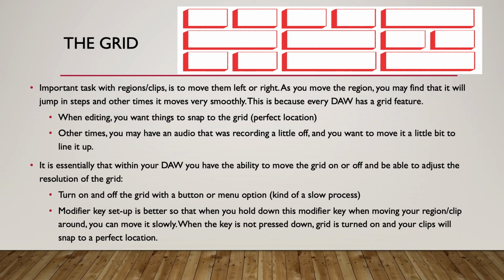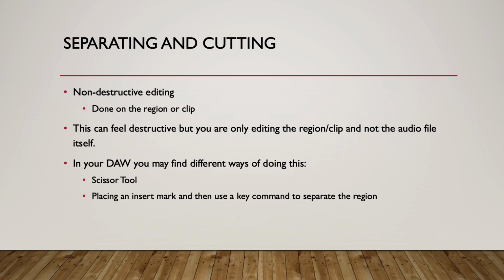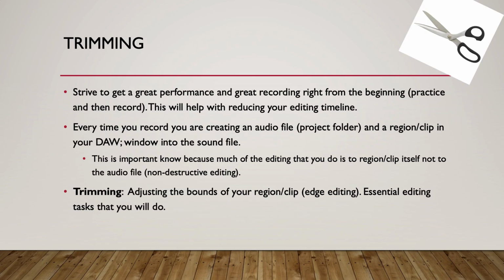And so today we talked about the grid, we talked about nudging, so moving those regions or clips very slightly to the left or the right. We talked about cutting, or separating, or splitting clips. We've talked about trimming clips from the front or the back, depending on if you have silence in your recording, or you're recording and then you have to run to your computer and hit the space bar to stop the recording.